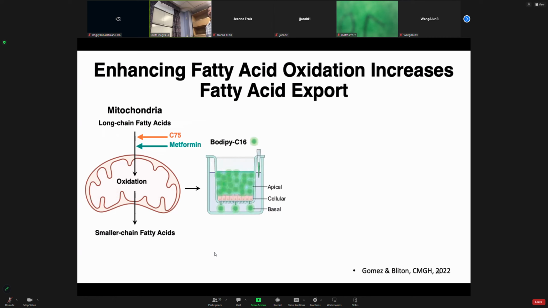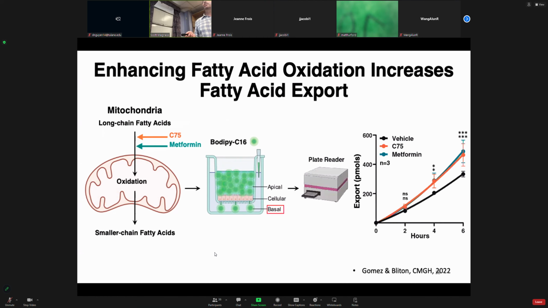So we put the long chain fatty acid, BODIPY C16, into the system, and we added two drugs known to potentiate or increase fatty acid oxidation in other systems. It wasn't in the enterocytes at all, but in the muscle, basically. C75 was known to increase oxidation in the muscle, as well as metformin, which we didn't know. It was kind of a surprise, but it happens in skeletal muscle.